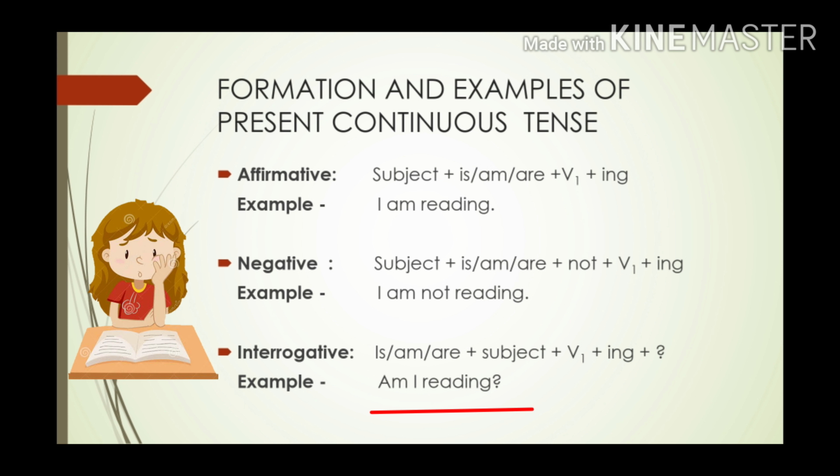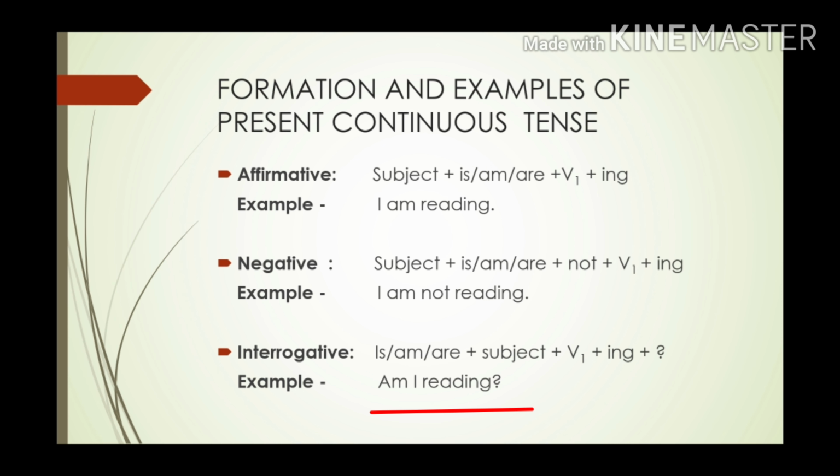So as we already know, with I we use am. So when I'm asking any question, I'll put the am at the beginning of the sentence. So there it will become, am I reading? Or are you reading? Or is he reading? So you understand? This is how we form present continuous tense.